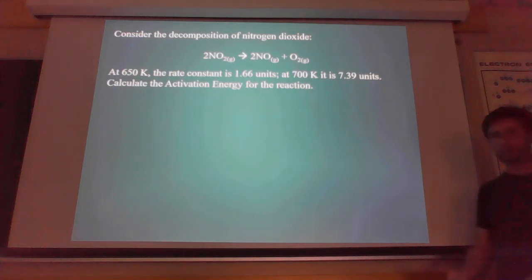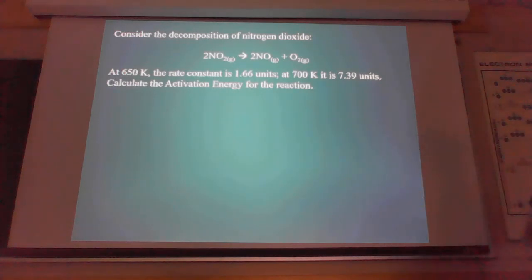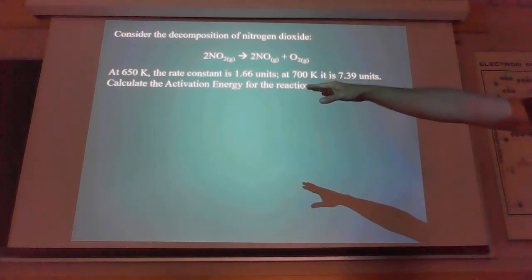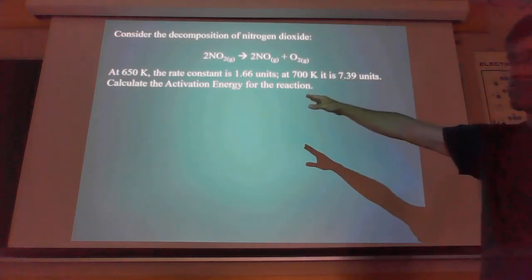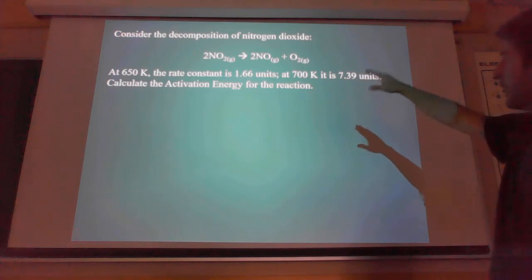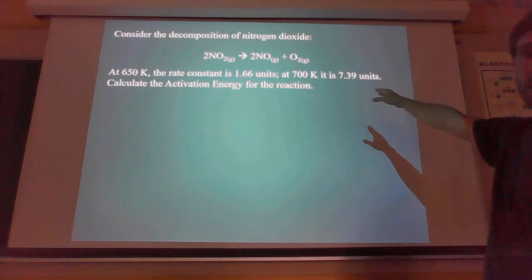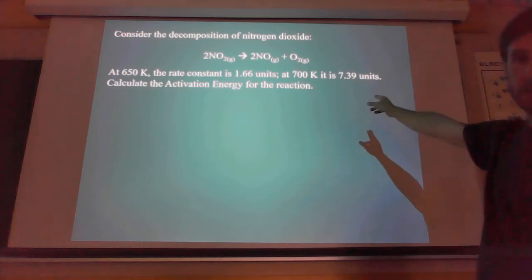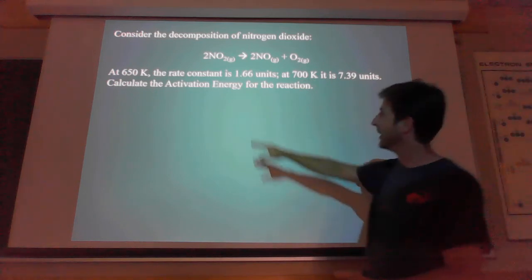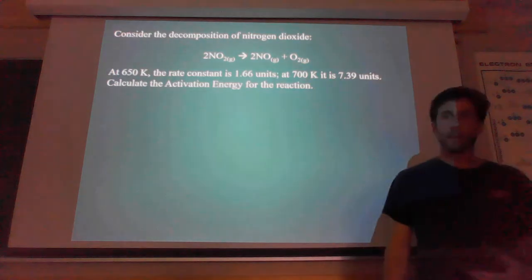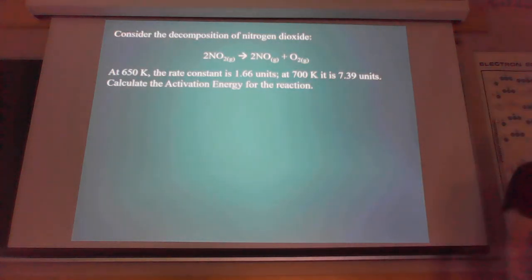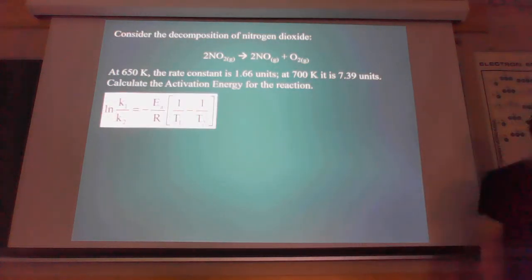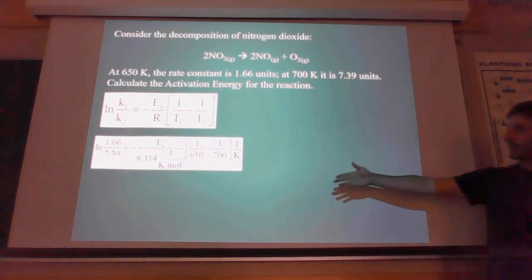As an example, on this slide we have a reaction being studied. At 650 Kelvin, the rate constant is 1.66. And at 700 Kelvin, the rate constant is 7.39. So I gave you 2 temperatures and 2 K values, and you're asked to solve for the activation energy, which is E sub A. At that point, you should be able to take the equation and plug everything into it.